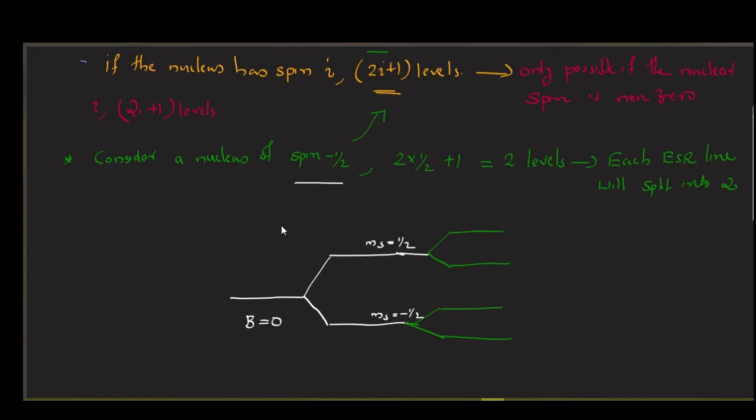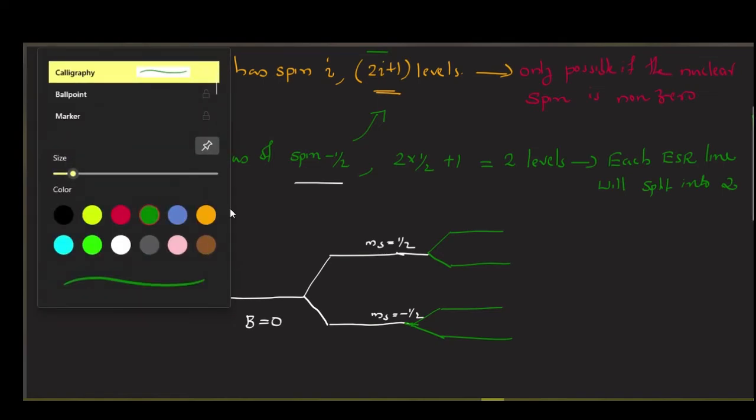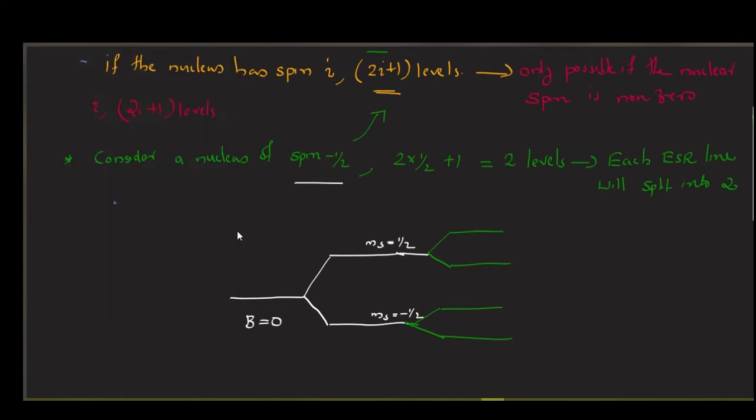Now, if a nucleus has spin I, then we can define the nuclear magnetic spin quantum number as Mi.